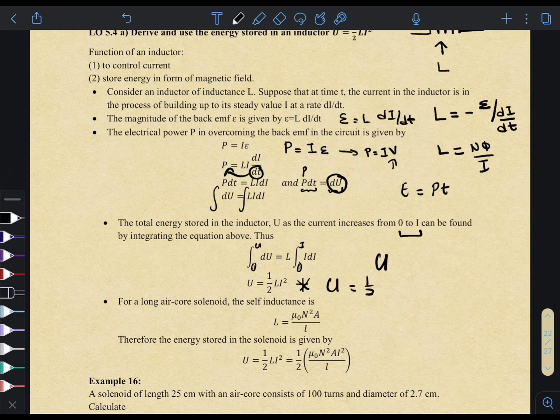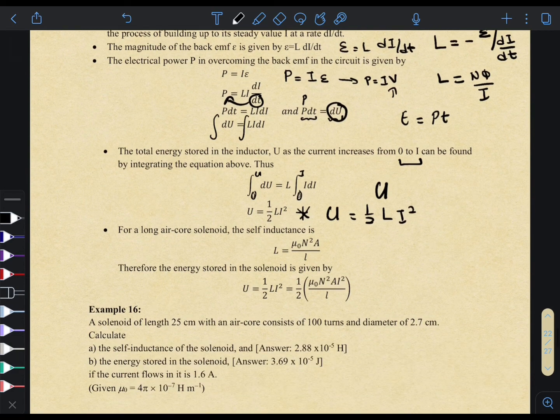U is the energy, L here is the inductance, I here is the current squared. So for a long air core solenoid, the self-inductance, which we already derived in the previous video, is L equals mu naught N squared A over the length.